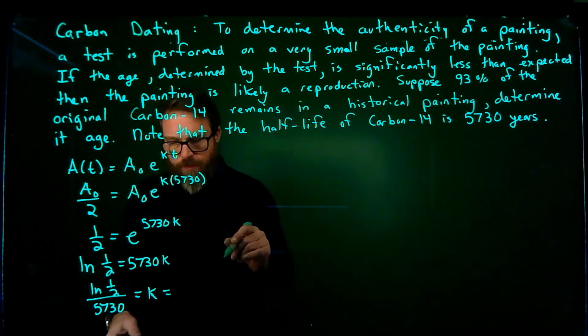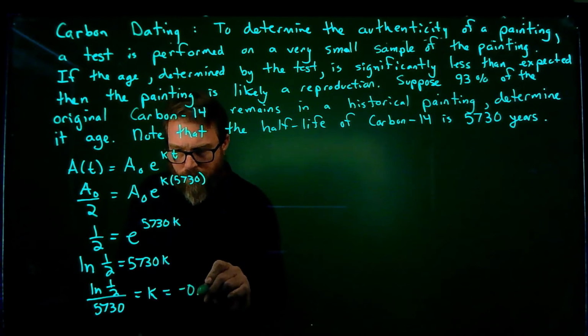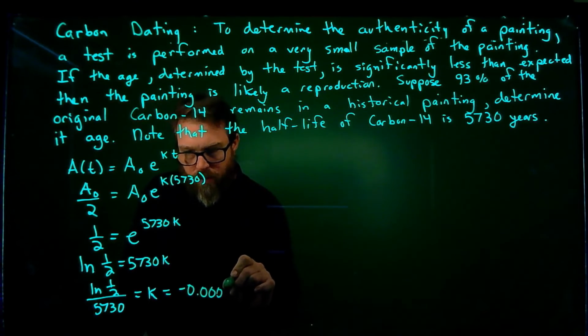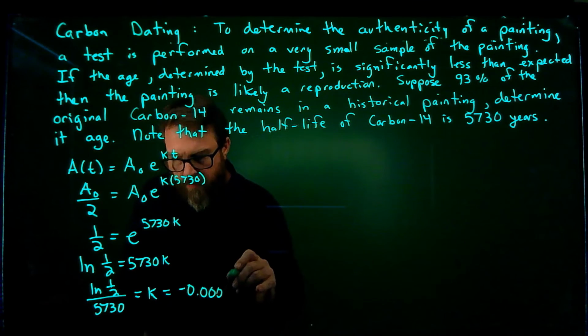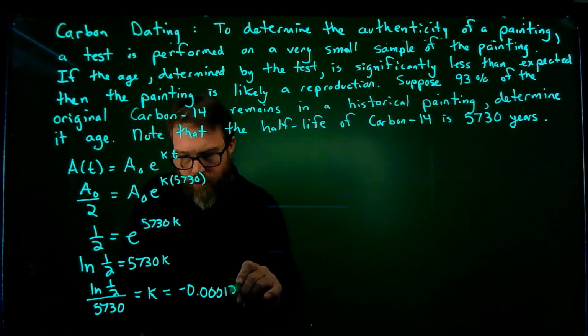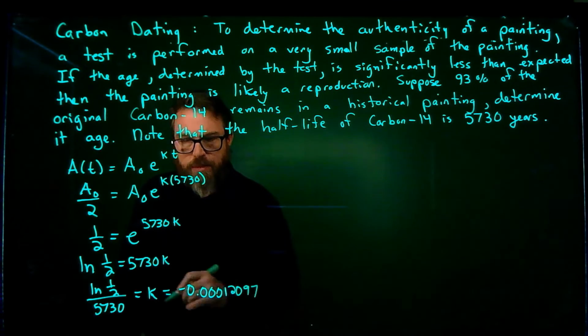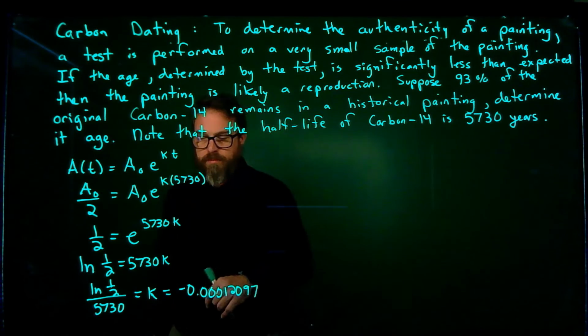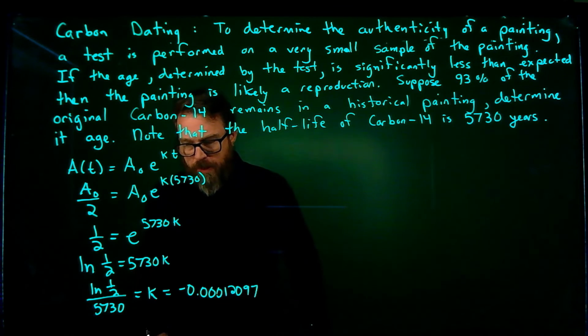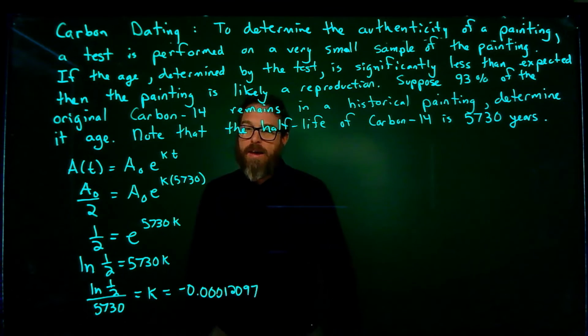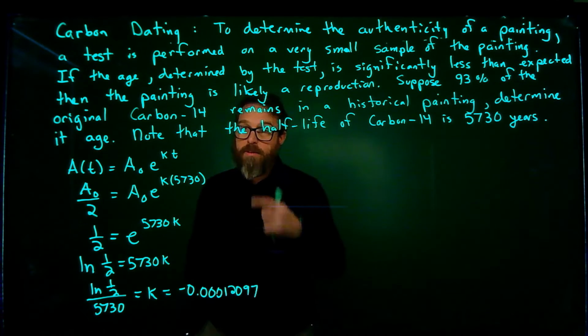What I get for this value is going to be negative 0.0001209. Let's just say 7. That's plenty. So this is going to be that k value for half-life.